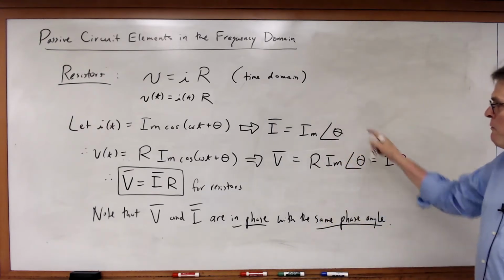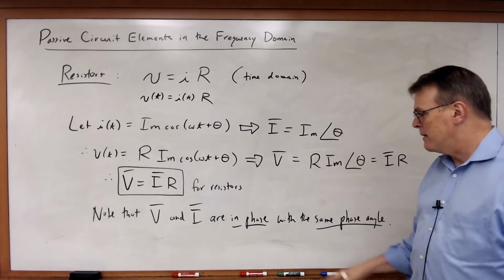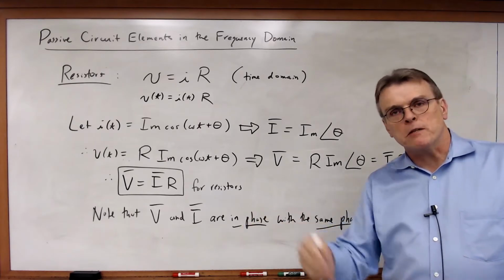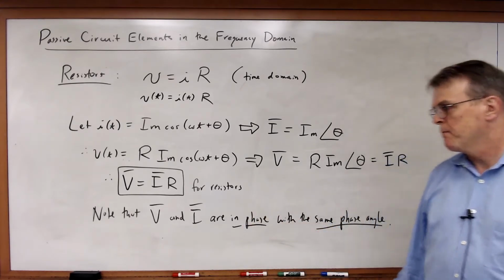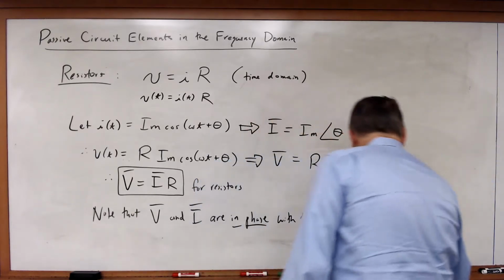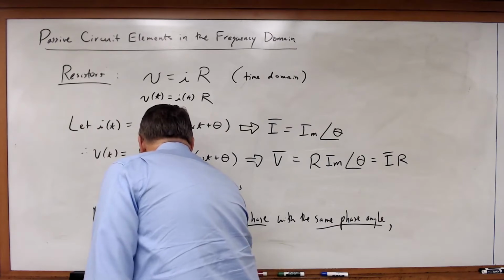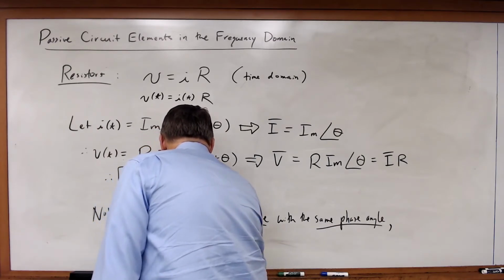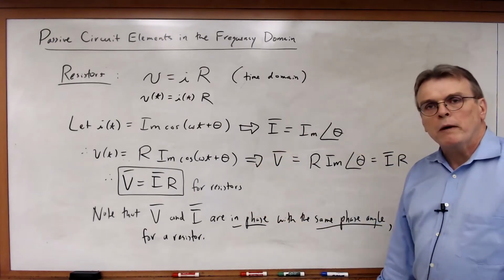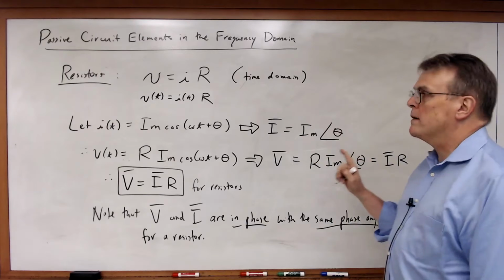So when two phasors have the same phase angle, in this case theta, we say they're in phase. There's no phase shift. There's no difference in phase angles between the two of them. So this is true for resistors. So we see we're still working with Ohm's law. So that's resistors. What else?